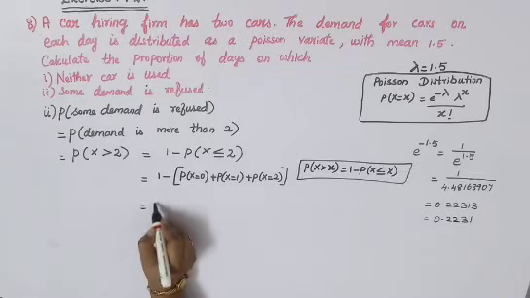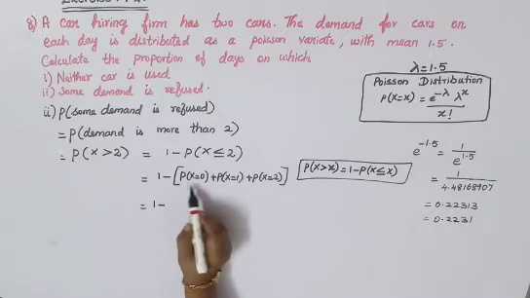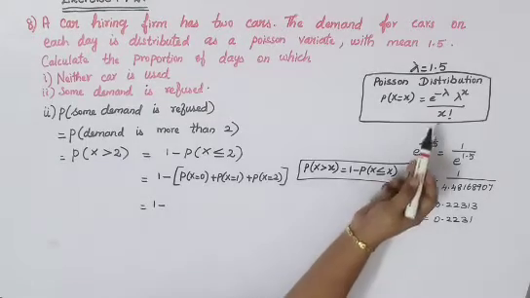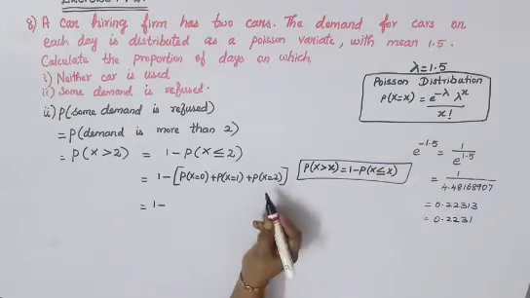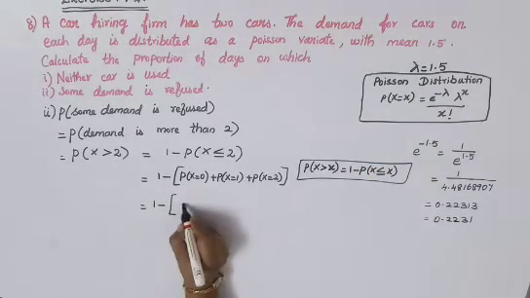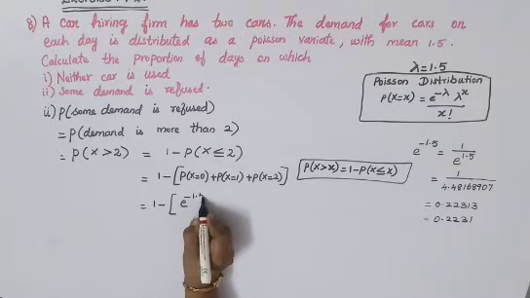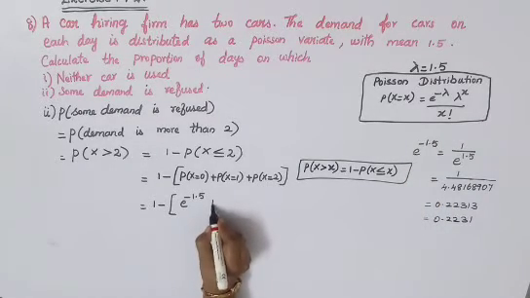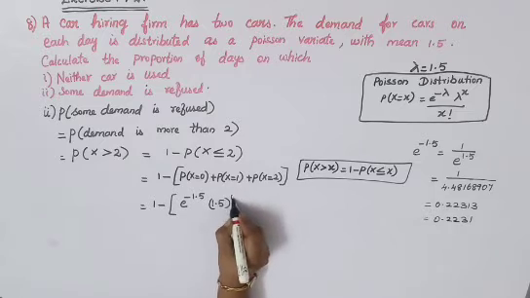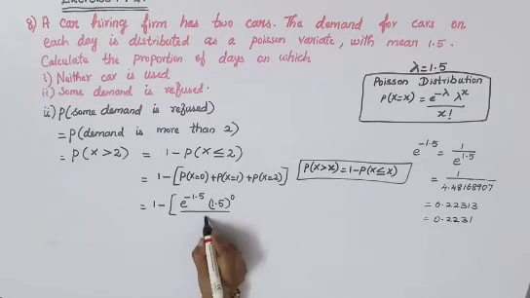So which is equal to 1 minus, now for P of X is equal to 0, you will have to substitute in this formula your lambda value, 1.5. Your first part is e power minus lambda, so e power minus 1.5 into lambda power x. Lambda is 1.5, power x is 0, divided by 0 factorial.